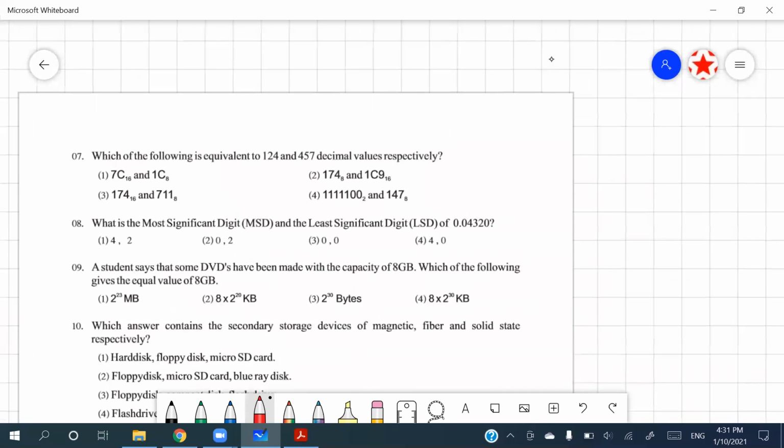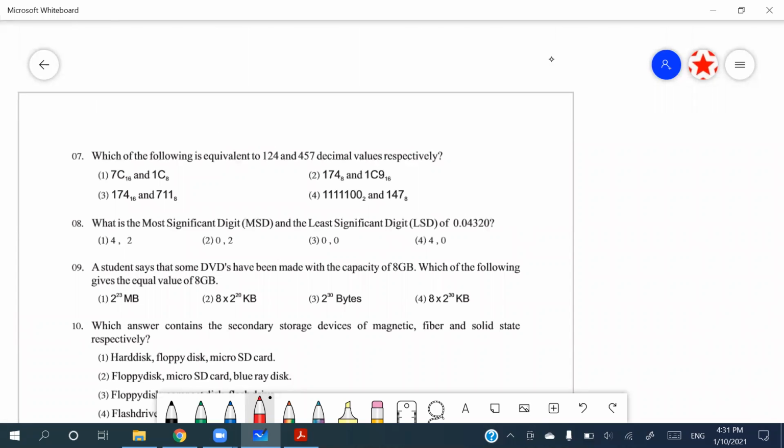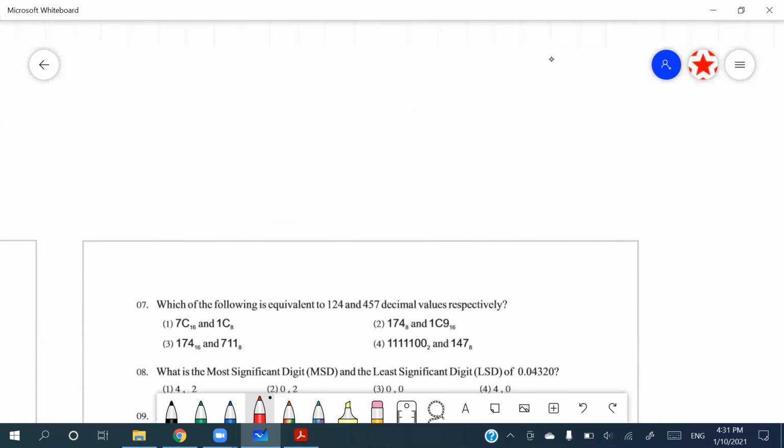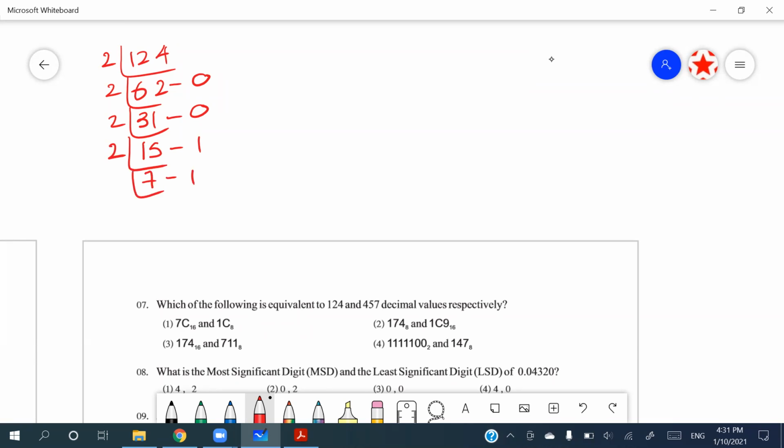So it's better you figure out 124 first. Let's quickly take 124 and divide it by 2. So it will be 62, no remainder, 31, no remainder, 15, one remainder, 7, one remainder, 3, one remainder, 1, and 1 is remaining, right?